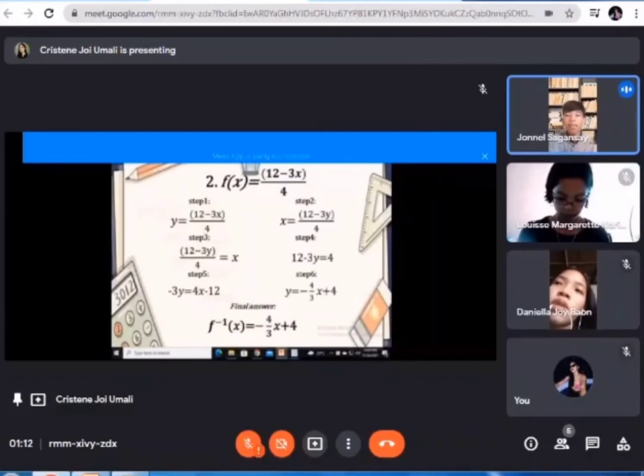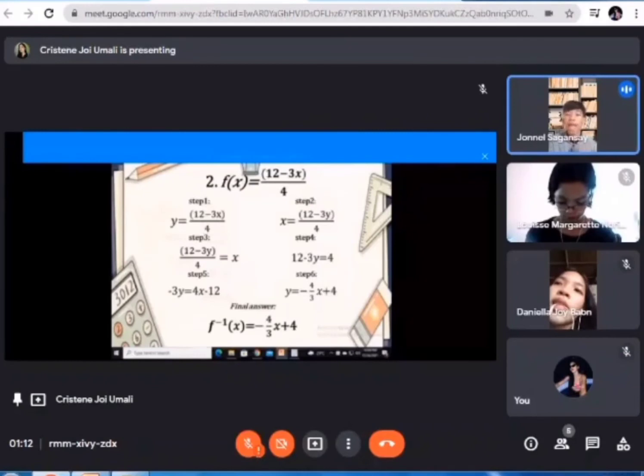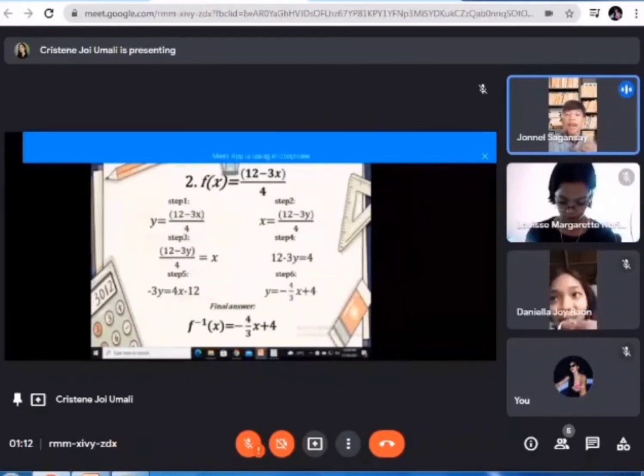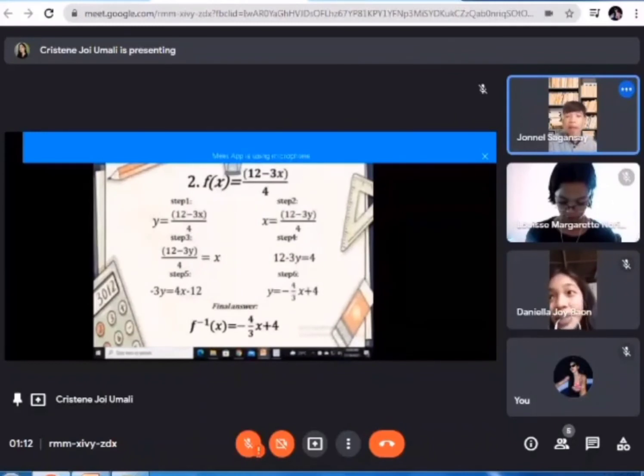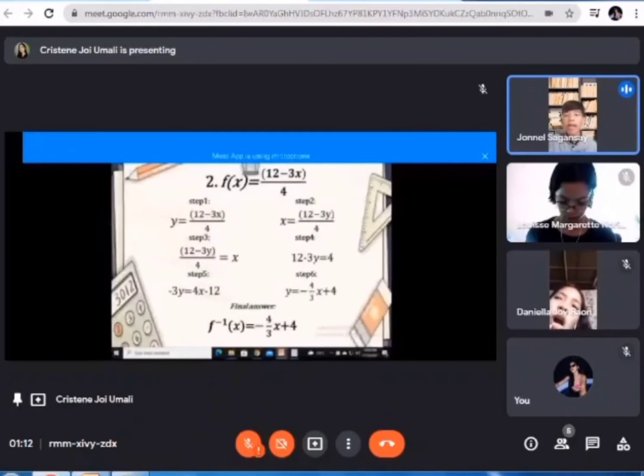The step 3 is ilalagay natin sa kaliwa para mabukod. So, magiging 12 minus 3y over 4 equals x. Ngayon, the step 4 is i-standard form natin para mapasingle yung kukunin nating si y. So, magiging 12 minus 3y equals 4x.